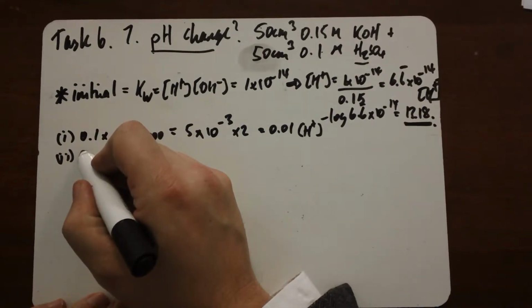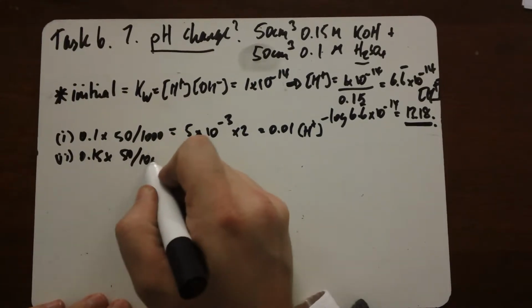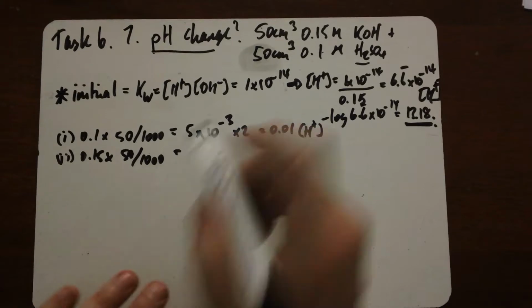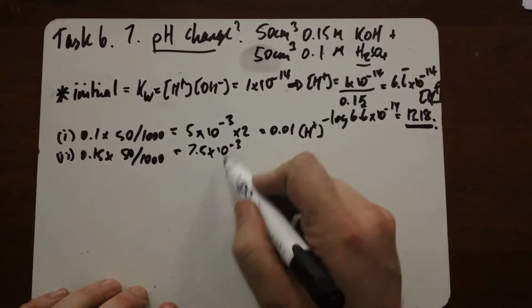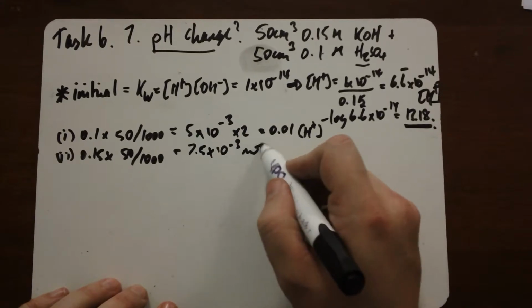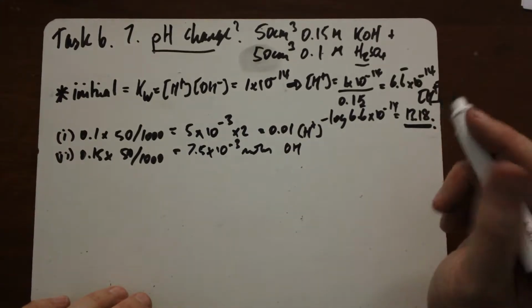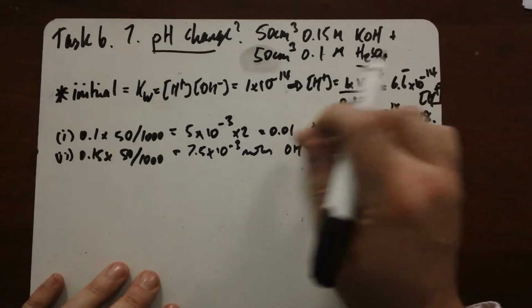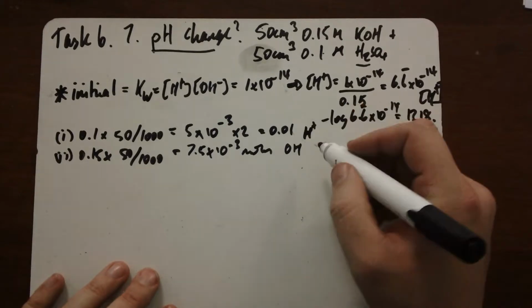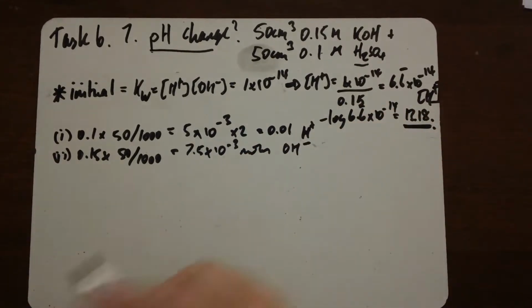We've also got 0.15 times 50 over 1000, which is equal to 7.5 times 10 to the minus 3 moles of OH minus. So I've got a bracket there that shouldn't be there. That's just moles of H plus, 0.01. And this is 7.5 times 10 to the minus 3 moles of OH minus.